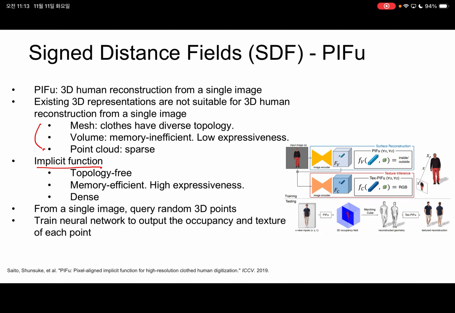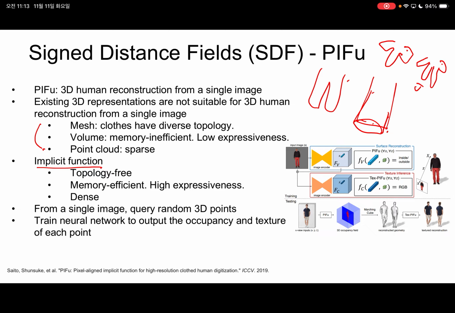First, mesh. What about mesh? Mesh is good, but as I said, clothes have diverse topology, right? We can wear pants, we can wear skirts. Pants and skirts have different topology. This is pants. This is skirt. They have different topology. And this is a shirt, and this is a jacket.